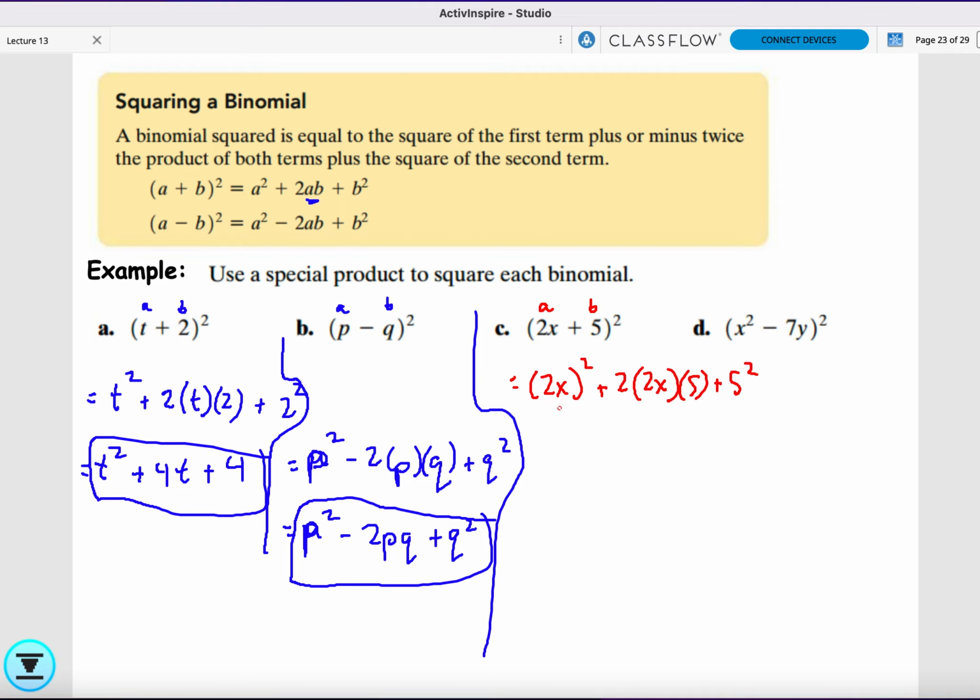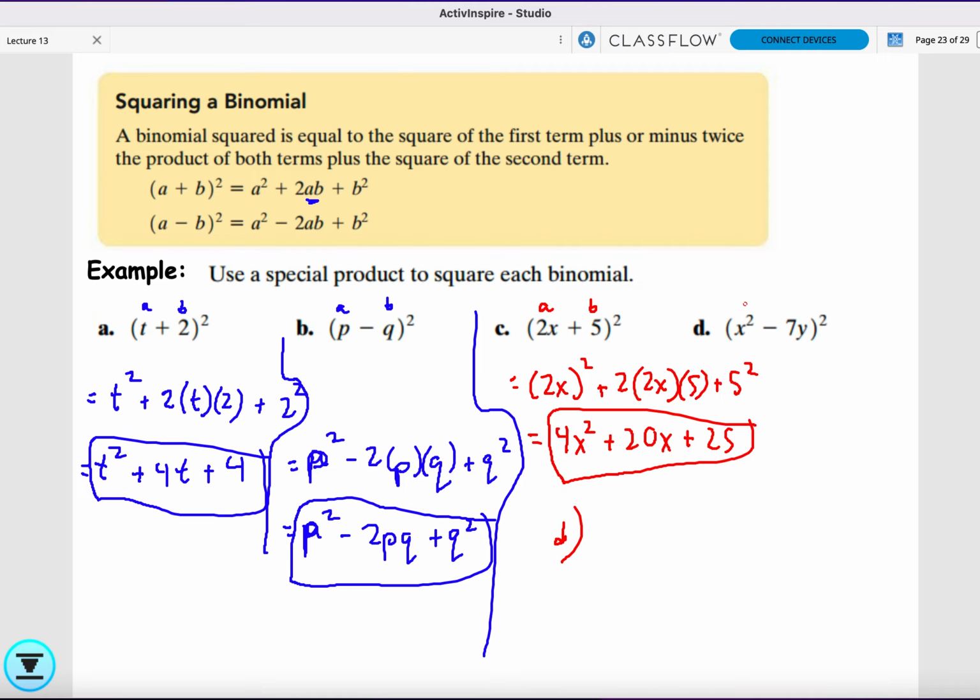A plus b. So (2x) squared is 2x times 2x, which is 4x squared. 2 times 2x is 4x times 5 is 20x. 5 squared is 25. And we're done here. So this is using the formula. If you don't want to use the formula, you can just do (2x plus 5) times (2x plus 5). That's fine.